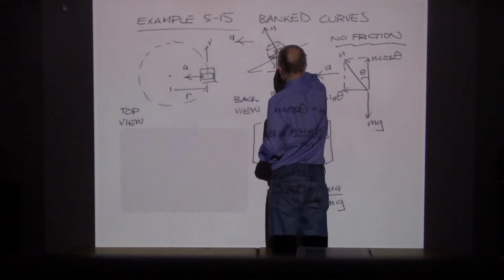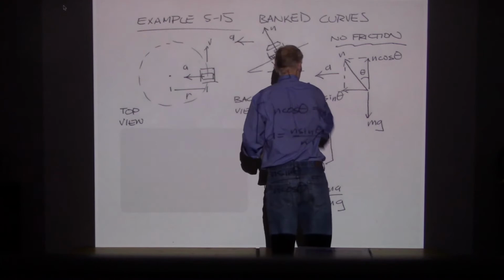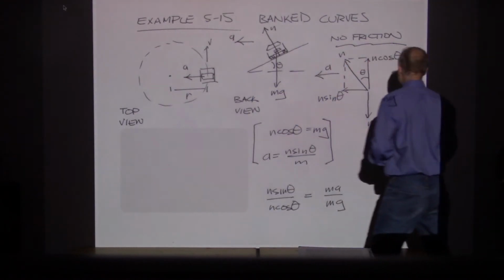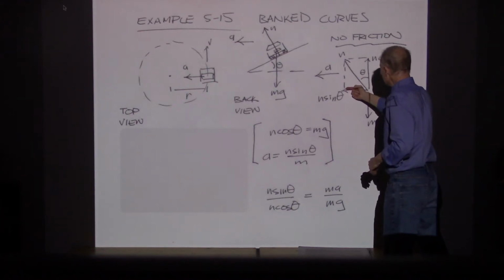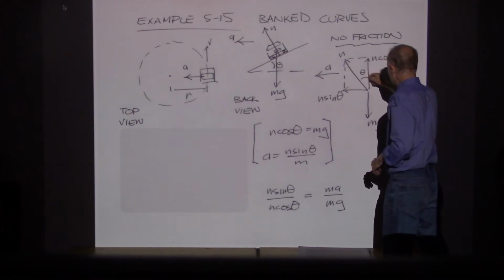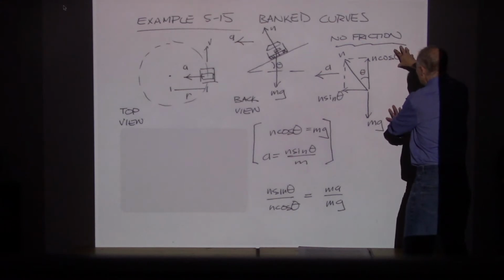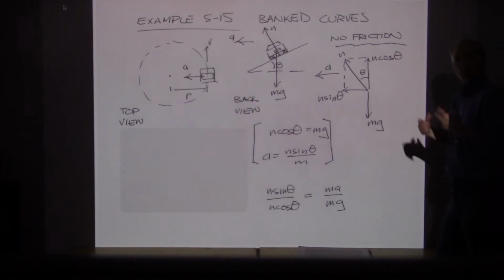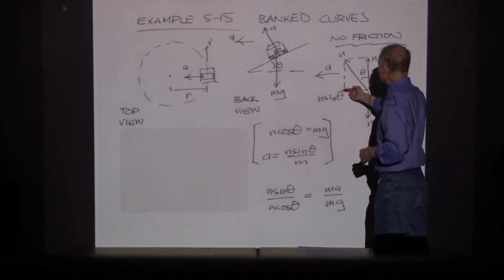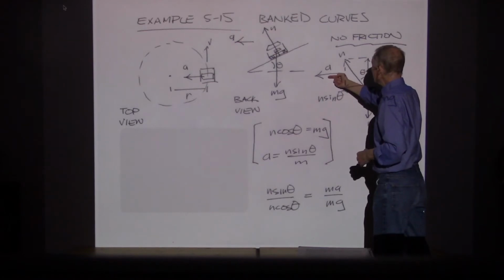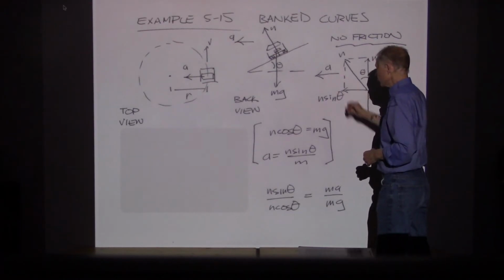I've got a gravitational force downwards. I've got a normal force that's tipped. And as we were saying, what that leads to is an n sine theta, an n cosine theta, mg. Now, n cosine theta and mg are going to be equal because there's no acceleration in that direction. But the n sine theta is going to create the acceleration for us.